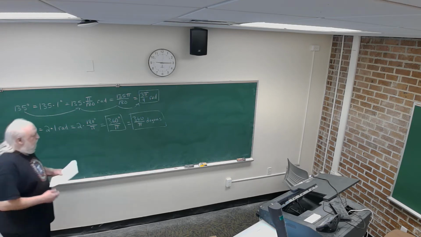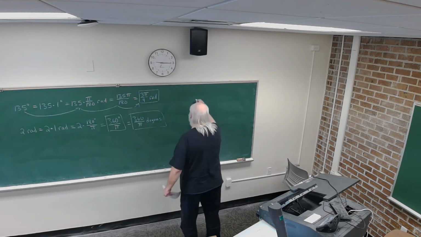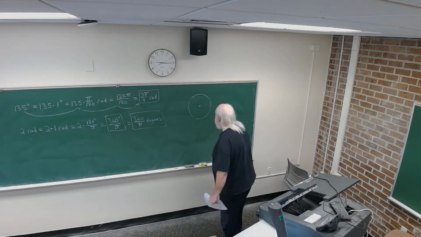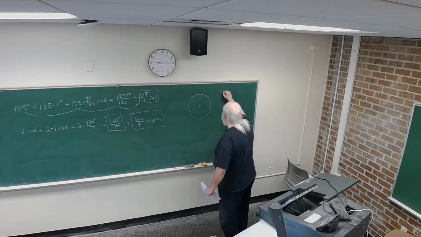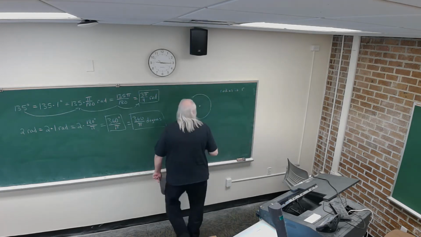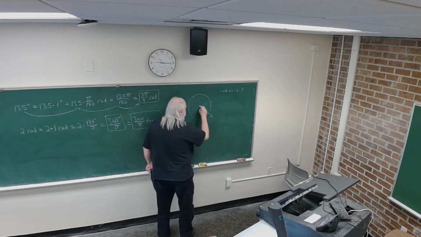The length of an arc. So we have a circle with radius r. I'm going to draw an angle with its vertex at the center.